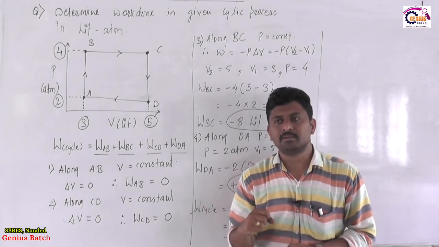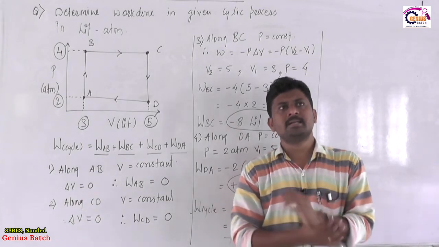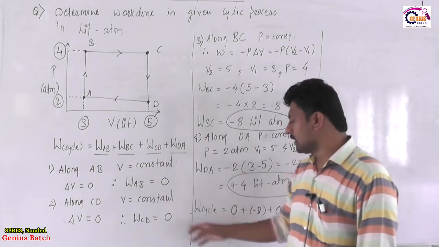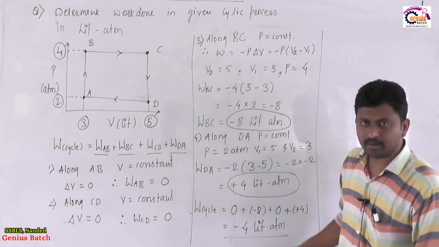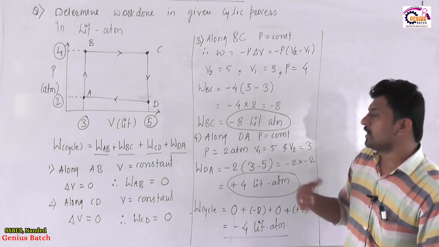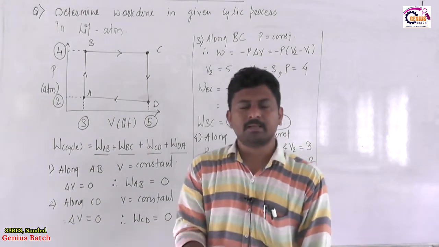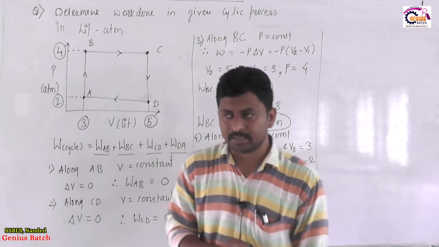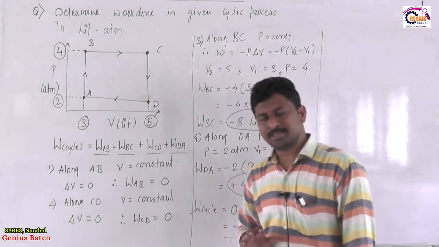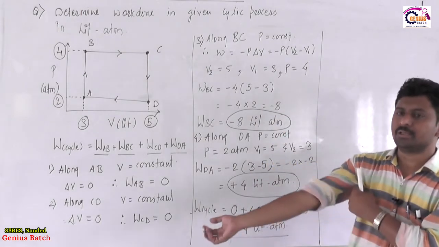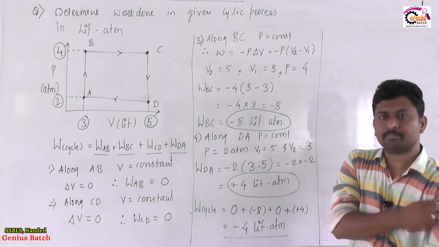So it is incorrect to say that if W is negative for a cyclic process, then it is work done in expansion, or if work done is positive, then it is work done in compression. That will be scientifically incorrect, because the process is cyclic and V1 and V2 are the same value, initial and final volume are the same.